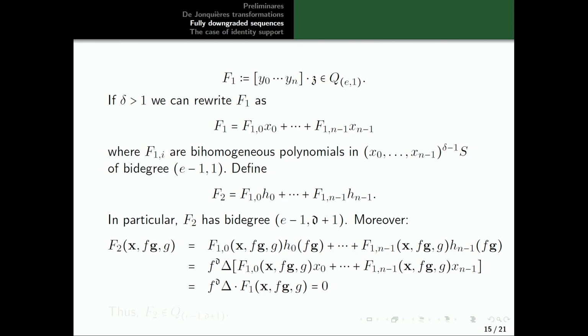Then if you evaluate F2 in the forms F, G, and you remember that the h_0 to h_{n-1} are the forms that define the inverse of G, we have this equality.